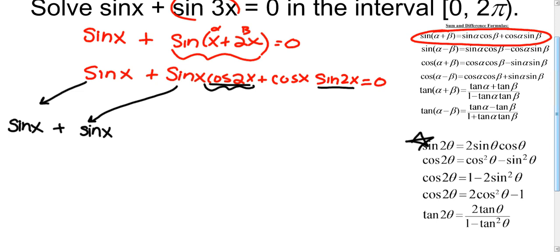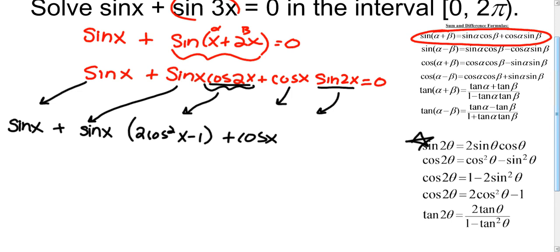This is going to get replaced by one of the double angle formulas. Actually, you have 3 formulas to choose from, and you can play around. Any one of them will work. Play around with the one that you think might work best. I am going to replace that quantity with 2 cosine squared minus 1. I'll bring down my cosine x, and then sine 2x. I only have one choice right here, and that would be 2 sine x cosine x.